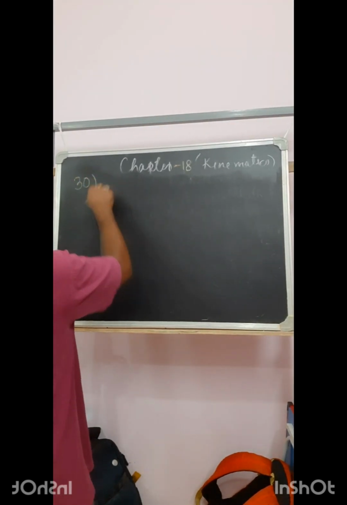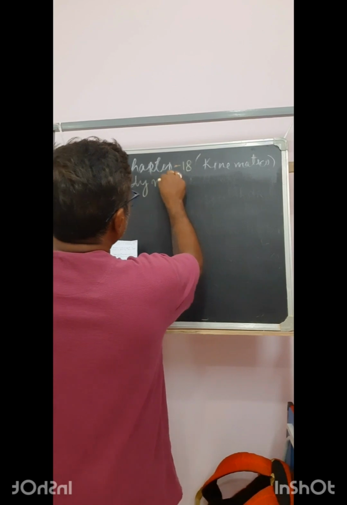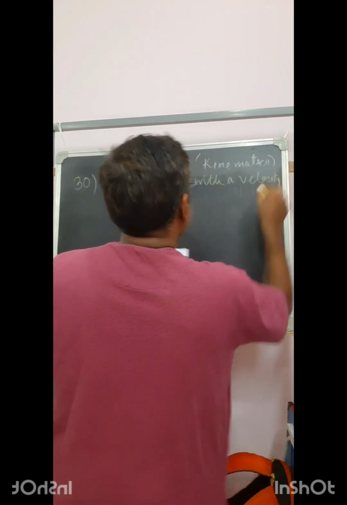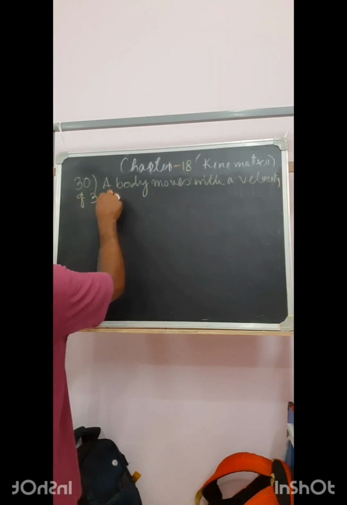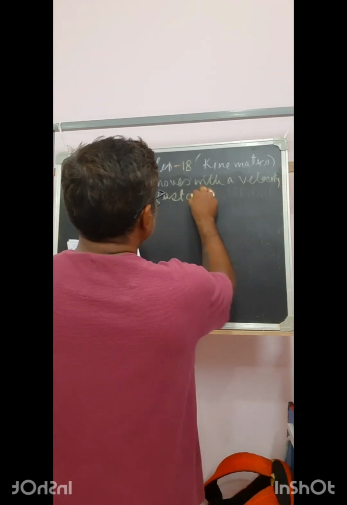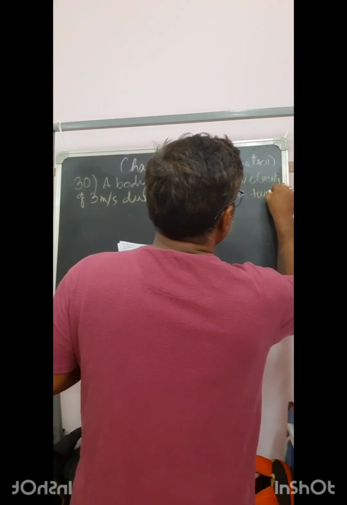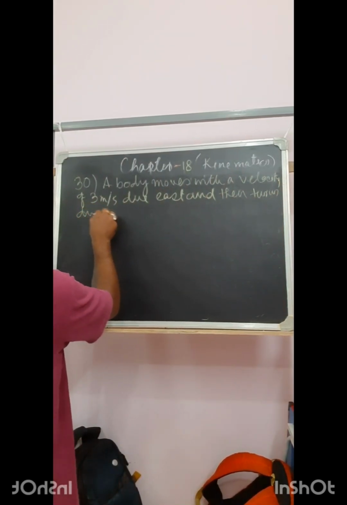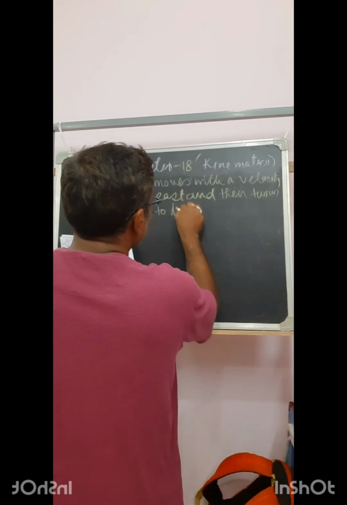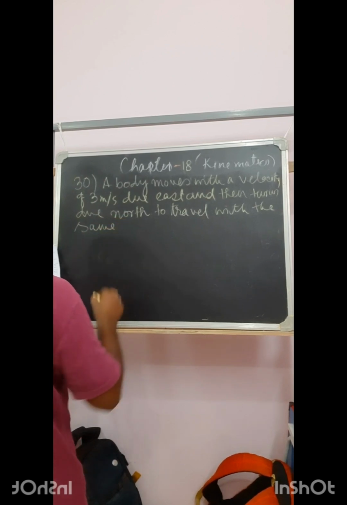Number 30. Number 30 says a body moves with a velocity of 3 meter per second due east, and then turns due north to travel with the same velocity.